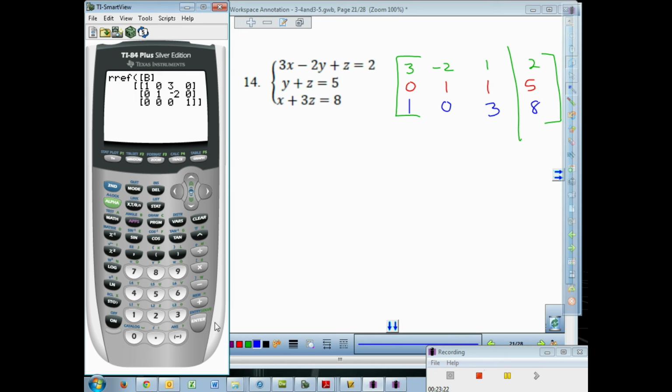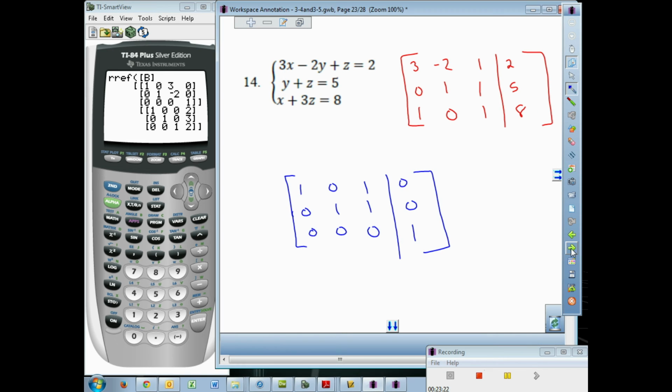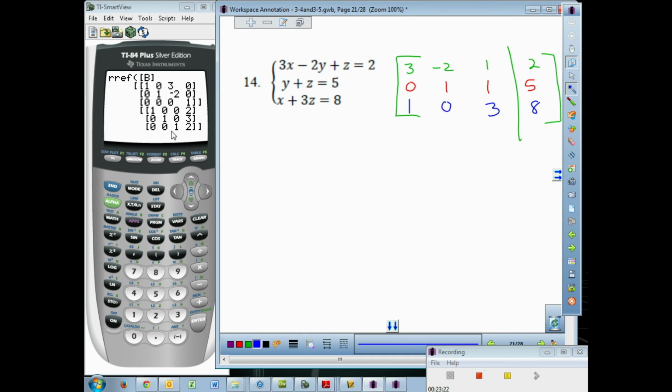Enter. Did I type something in wrong again? Is this what you got?